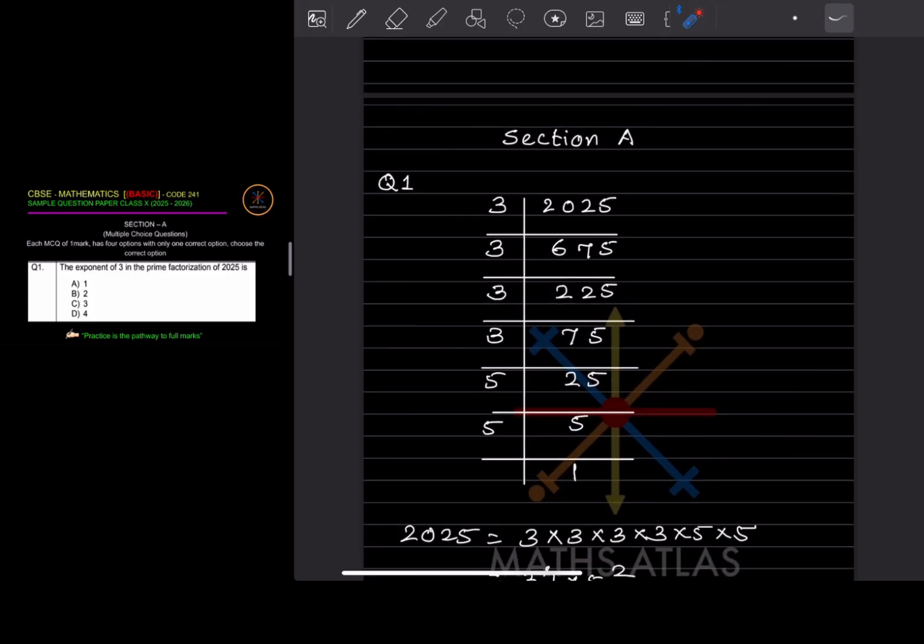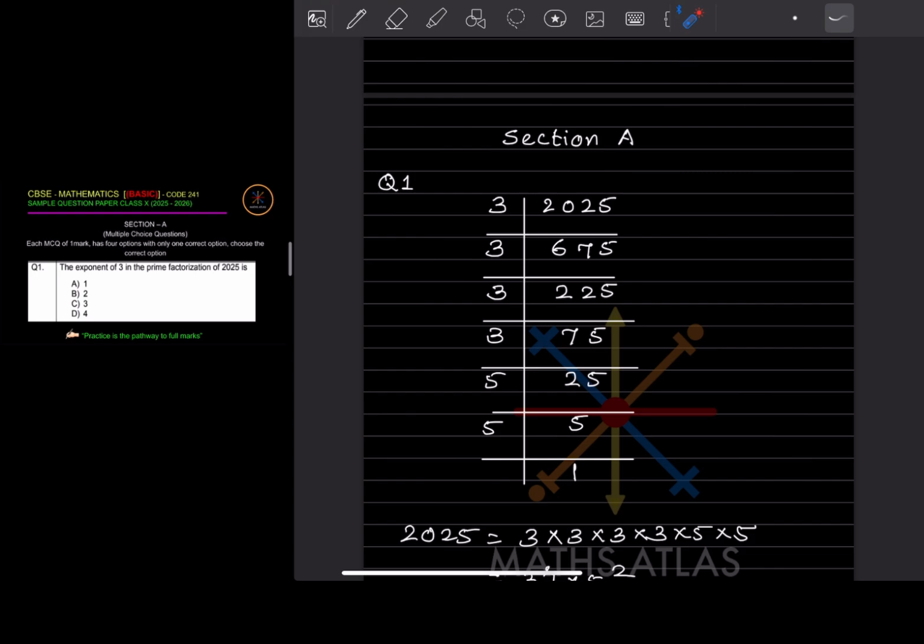It says: the exponent of 3 in the prime factorization of 2025. Four options are given. The prime factorization we can do like this. For prime factorization, we have to see the last digit. This is 5, so it is not divisible by 2. Always go with the lowest number: if not divisible by 2, try 3; if not by 3, then 4, 5 and so on.